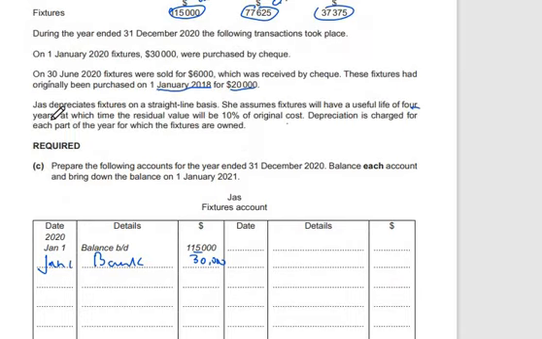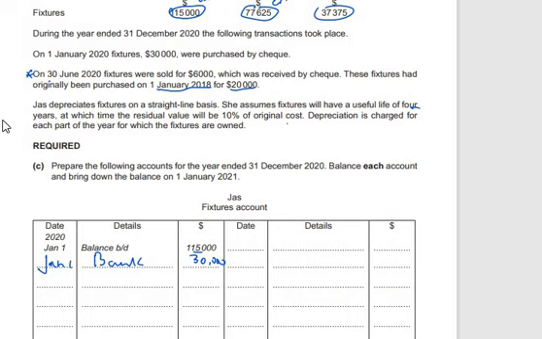Now, here we are on 30th June. On 30th June, that's when a sale took place. For this, we are going to look at those steps. We are going to remove the asset which is sold, remove the accumulated depreciation, record the sale, and balance off the disposal account, right?